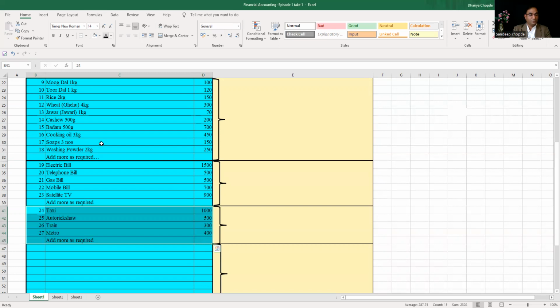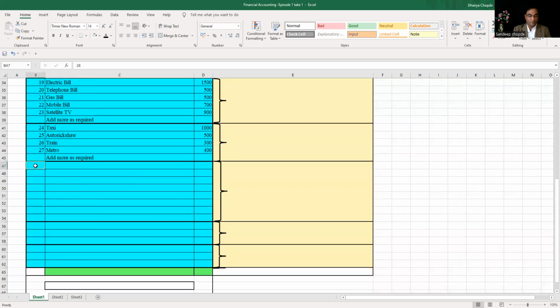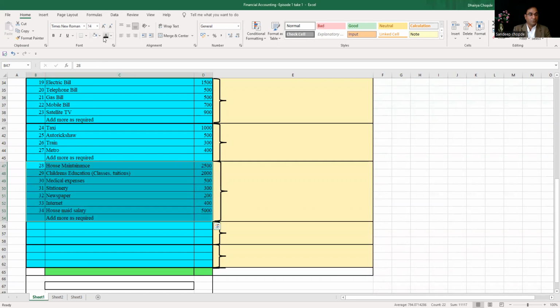To this, I add some expenses incurred on traveling, that is taxi, auto rickshaw, train, metro. All this expenditure is incurred on traveling. To this, I add expenditure incurred on household activities: house maintenance 2,500, children's education 2,000 rupees, medical expenses 500 rupees, stationery 300 rupees, newspaper 200 rupees, internet 400, housemaid salary 5,000.